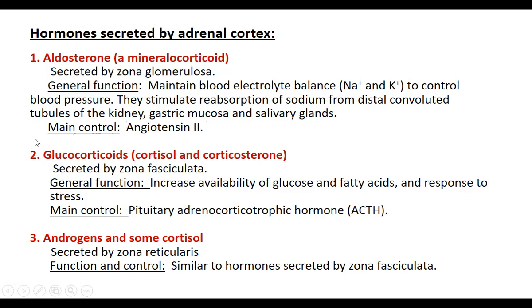The next hormones are the glucocorticoids, also called cortisol or corticosterone. These are secreted by the largest layer in the cortex, the zona fasciculata. What is the function of these glucocorticoids? They increase the availability of glucose as well as fatty acids, especially in response to any kind of stress.